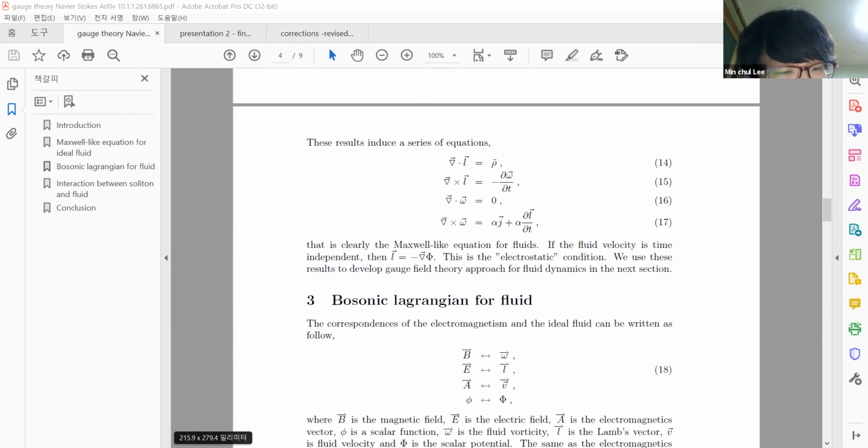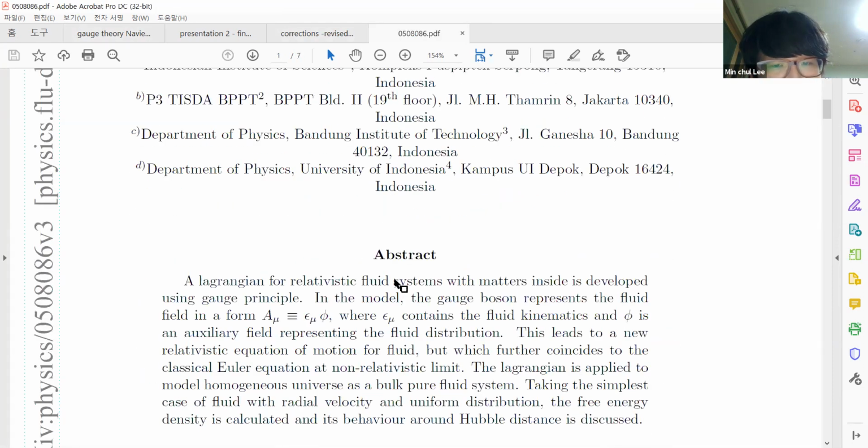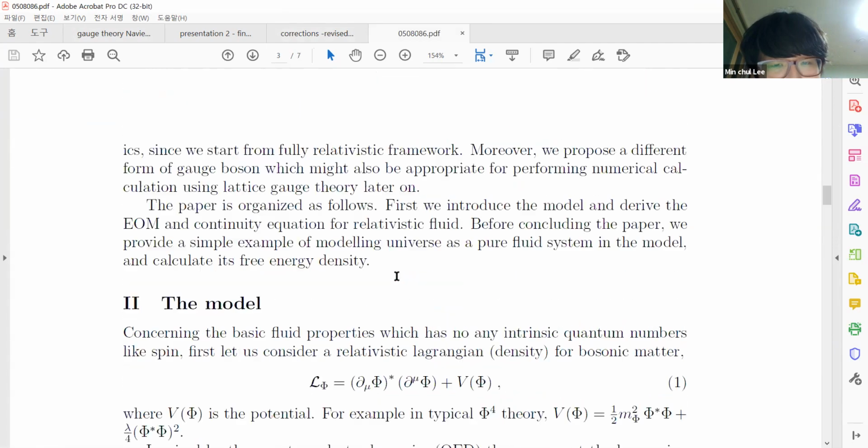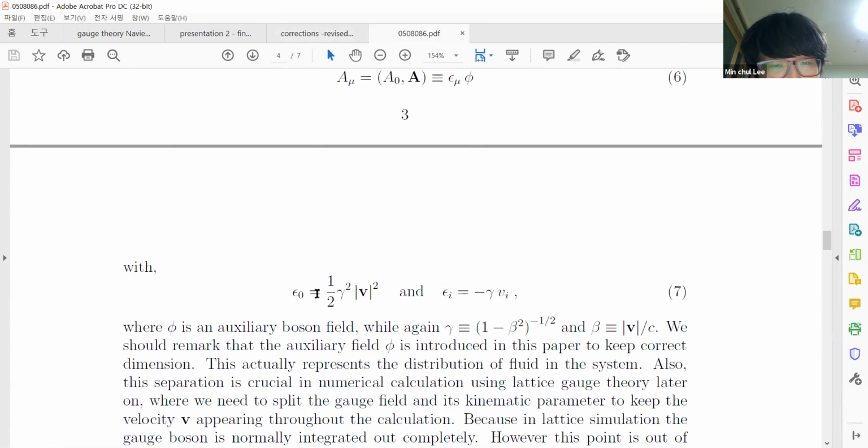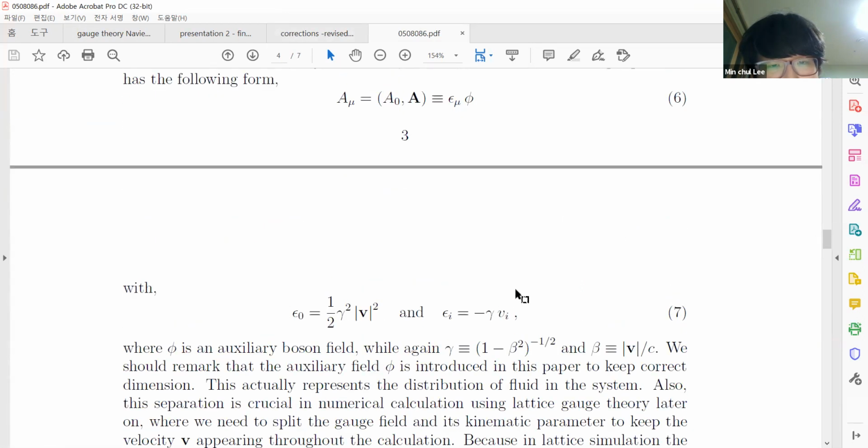So let me show you the other paper. Okay. So even here, A is V squared, norm of V squared.